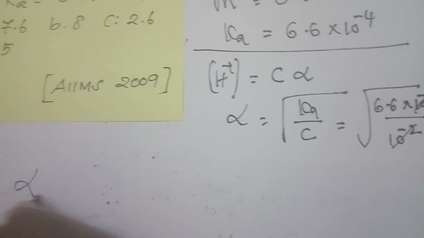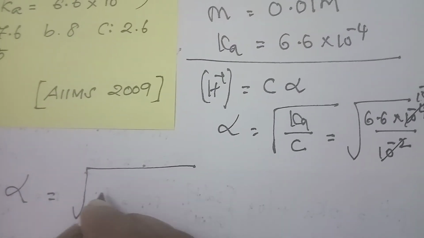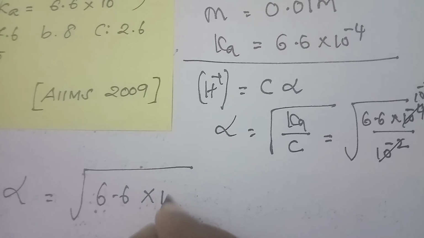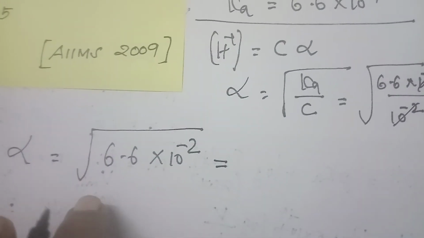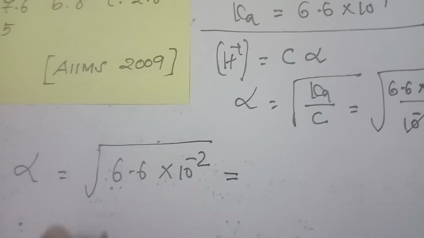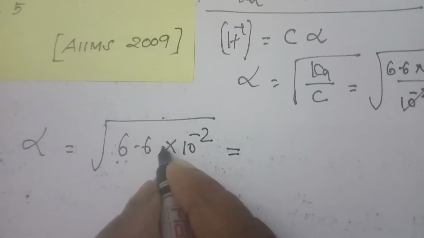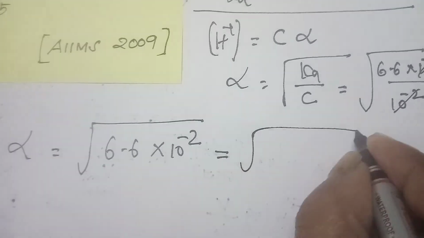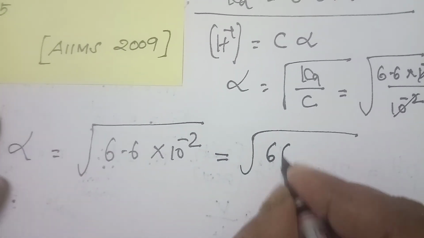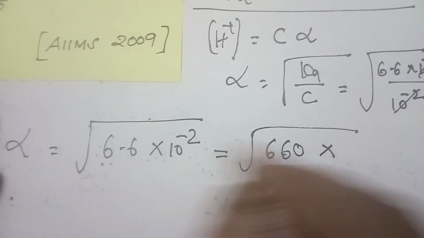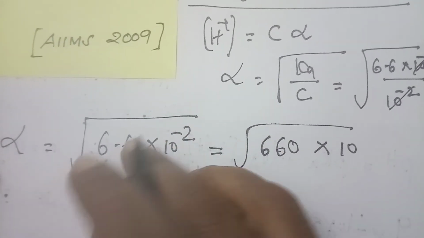Now I am writing alpha is equal to square root of 6.6 into 10 power minus 2. Next, how can you find the square root of this? I am giving a simple technique. I bring it as 660, putting it after 2 decimals, so multiply by 100 and divide by 100.